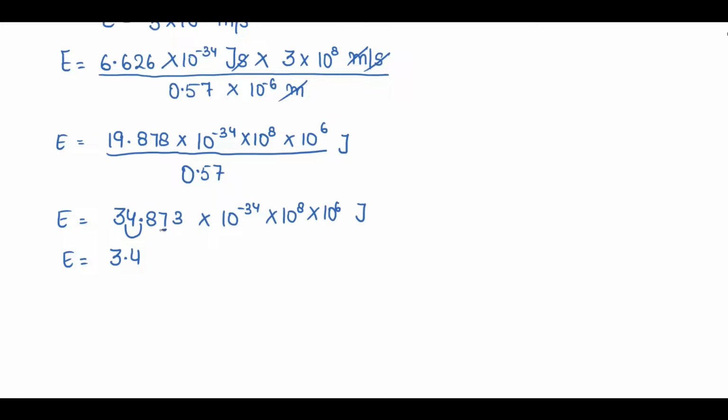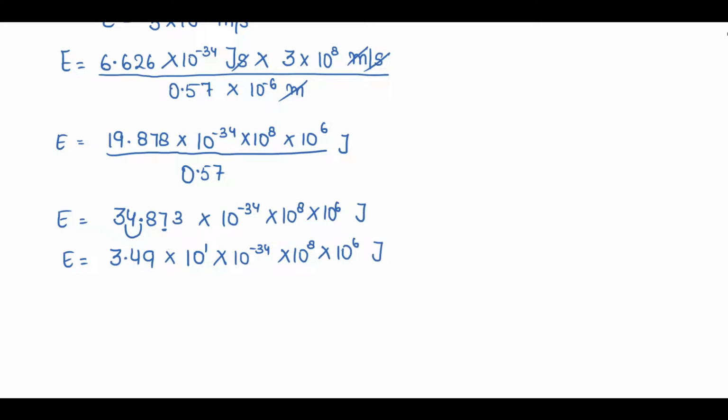So this is 7, that is more than 5. So what I'll do, I'll simply add 1 in 8. So it will be 3.49 into 10 raised to power 1, because I am displacing decimal from right to left and it is up to 1 digit. So power should be positive, into 10 raised to power minus 34 into 10 raised to power 8 into 10 raised to power 6 units joule.